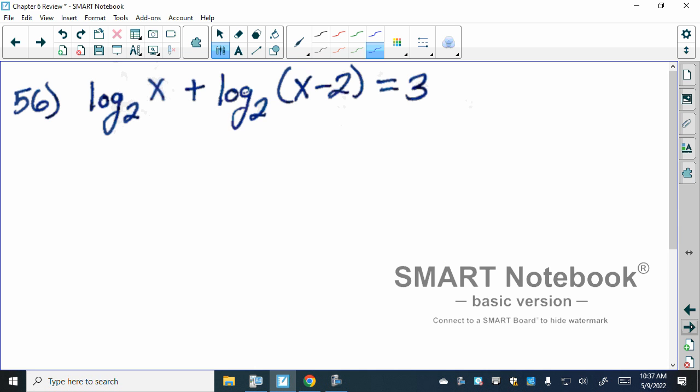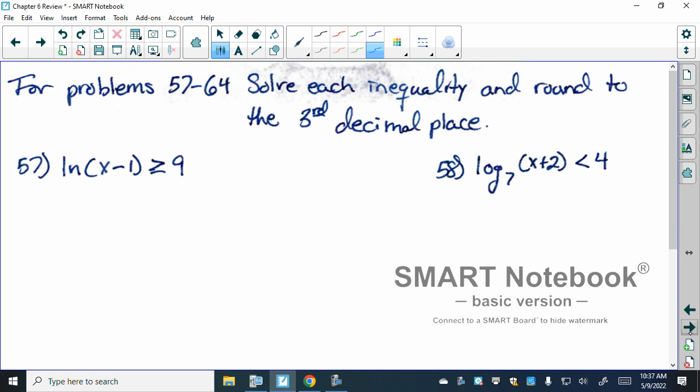So we'll go on and finish up with an inequality. Either one of these that we want to look at. So we'll look at 58.